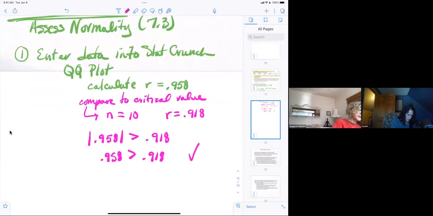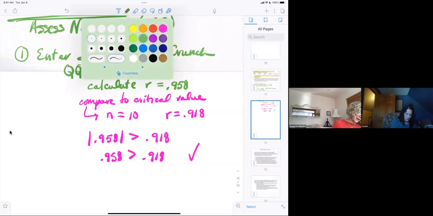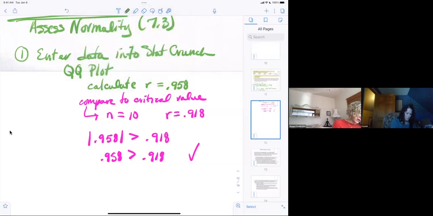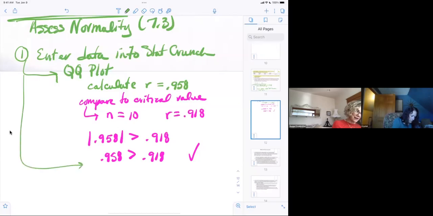That's just one way to check it. So there's part A. One would be entering your data and doing your QQ plot and making sure that your calculated correlation is more than the critical value.